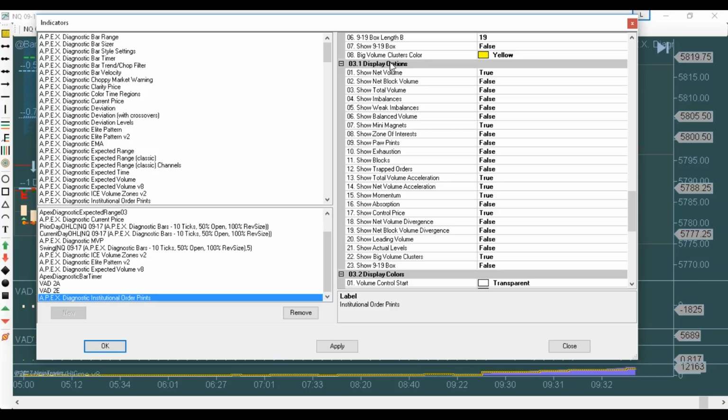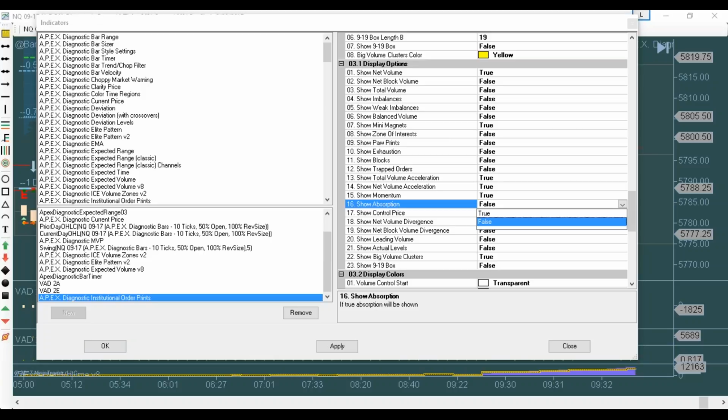What you're wanting is number 16, show absorption, right? Because the X is our absorption. Is yours set to false right now? Yep, should be set to false. So you'd want it to say true.